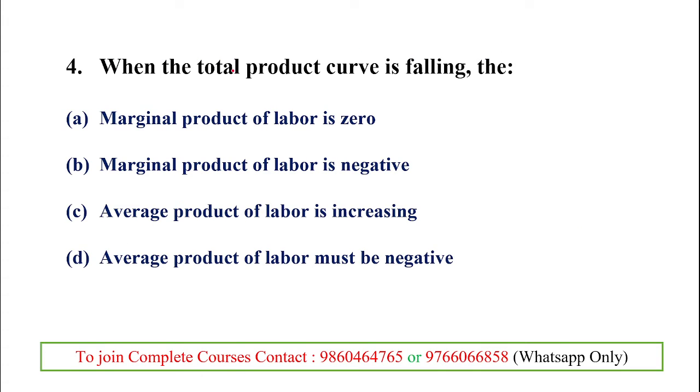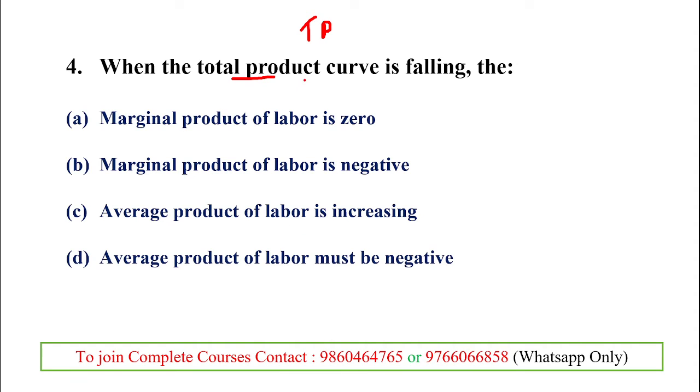And the next question: the total product (TP) curve is falling. What happens to the marginal product of labor or the average product of labor? Is the MP curve for labor zero or negative, or is the AP curve for labor increasing or negative?